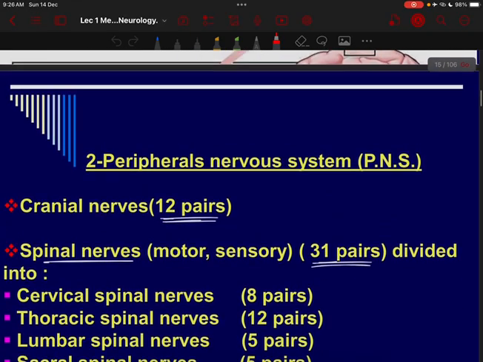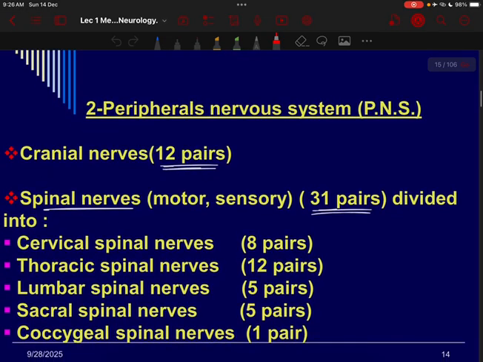Okay. What about the other part of the nervous system? It is the peripheral nervous system. The peripheral nervous system is composed of cranial nerves. The cranial nerves are considered to be part of the peripheral nervous system.